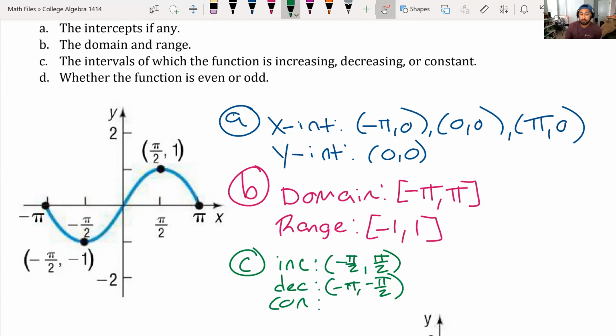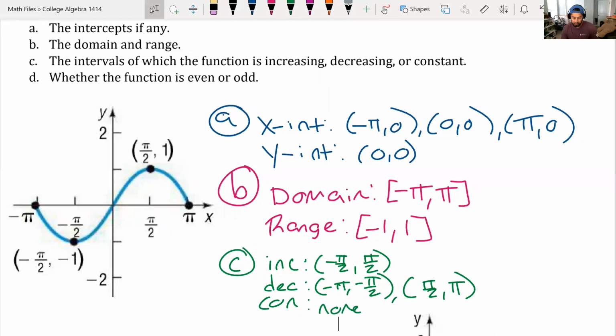And then last, starting back at pi over 2 and ending at pi, we see that my function again begins to decrease. So from this stretch of numbers, we decrease from pi over 2 to pi. And there are no intervals of being constant, so none.